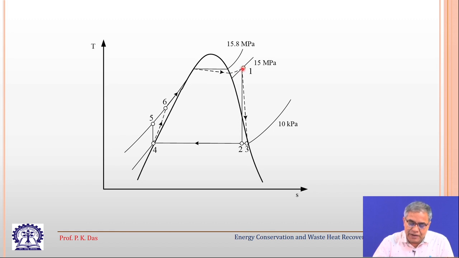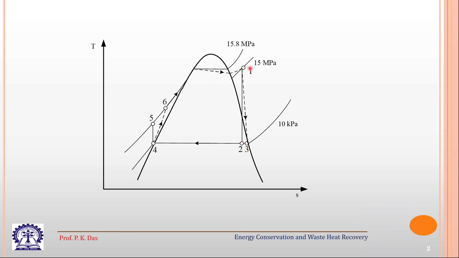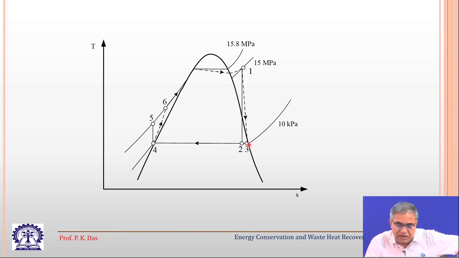So, from there, if ideal expansion or isentropic expansion is there, then it reaches 2, but the expansion is non-ideal. So, it is not isentropic. So, from 1 we will have the exit condition after expansion in the turbine at 3.